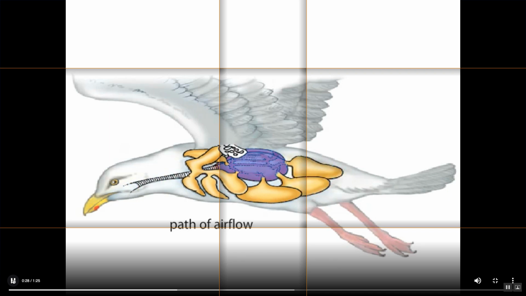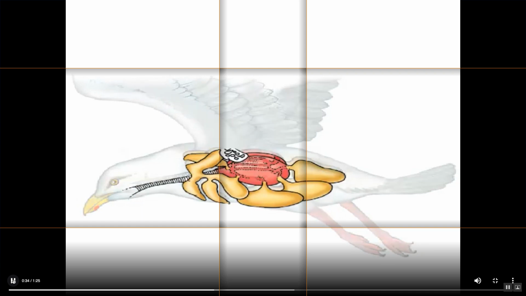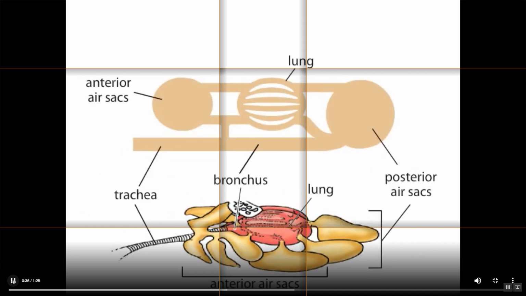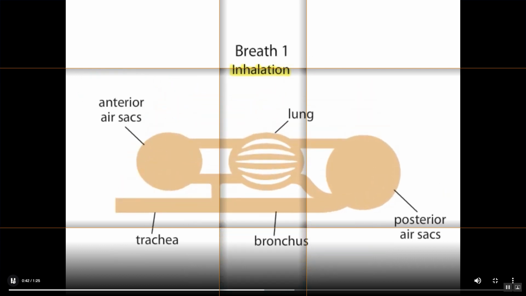To see this more diagrammatically, we group the many air sacs of the respiratory system into 2 main types, posterior and anterior air sacs. During an inhalation, the air sacs expand. Air from the environment is drawn into the posterior air sacs, while the air in the lungs is drawn into the anterior air sacs.